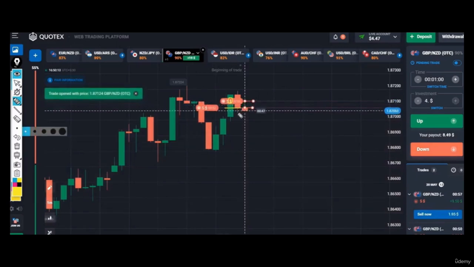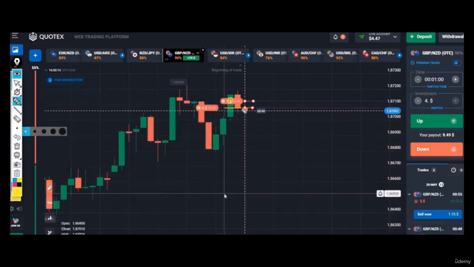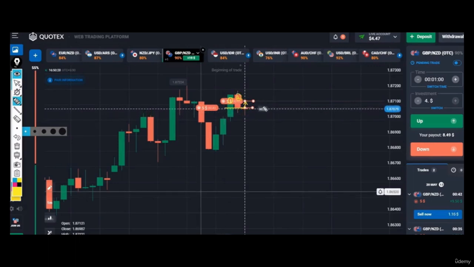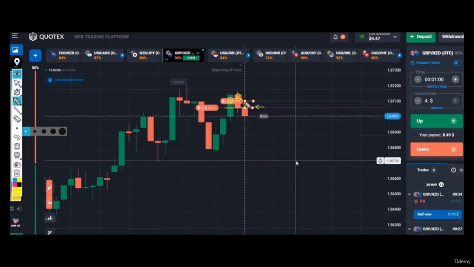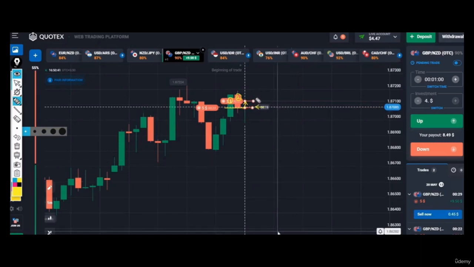As I mentioned in the introduction part, there will be a slight retrace before the formation of the third candle. So when the third candle retraced back, I entered here, and the retracement level was slightly higher.